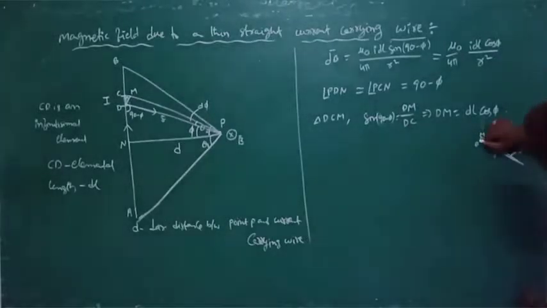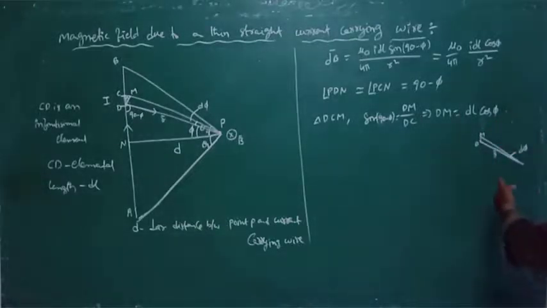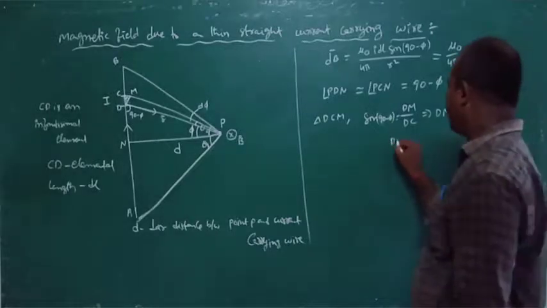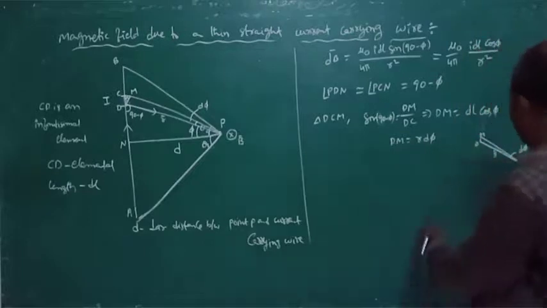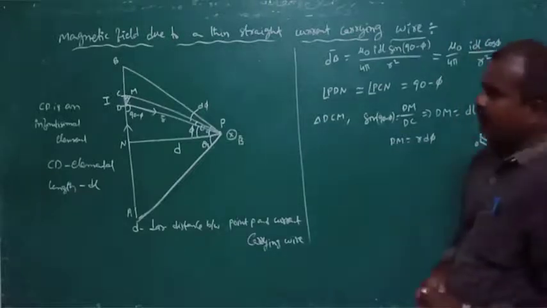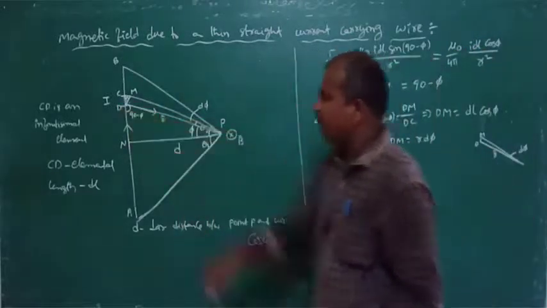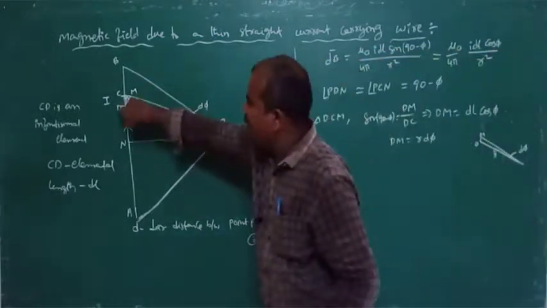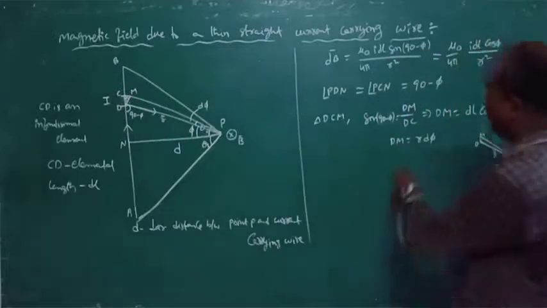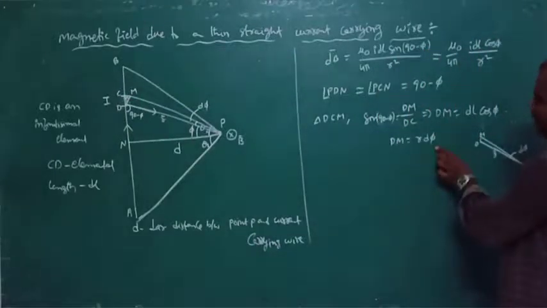Then arc length equals radius into angle. Then DM equals r dφ. Here DM is not equal to DC. Therefore DM equals r dφ.